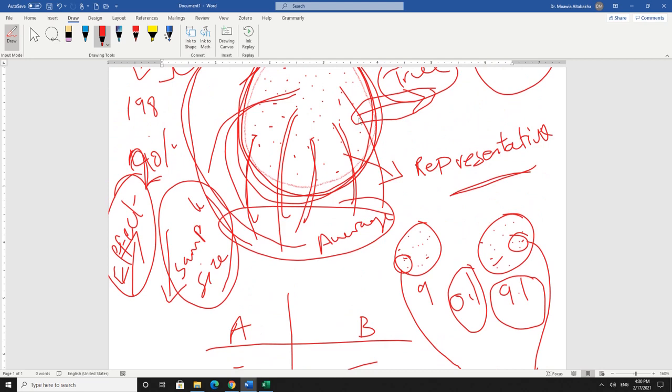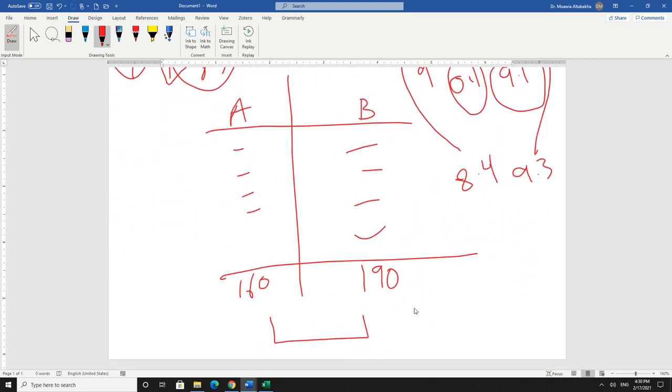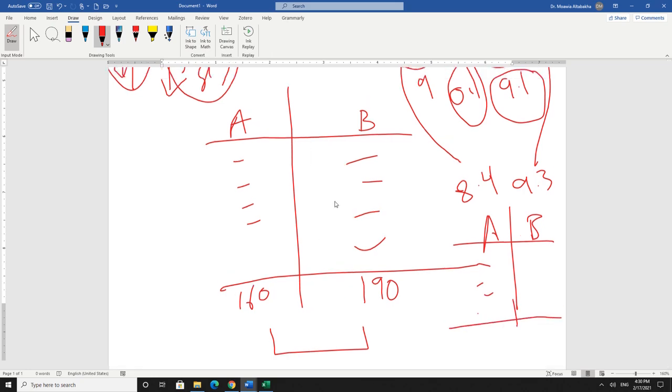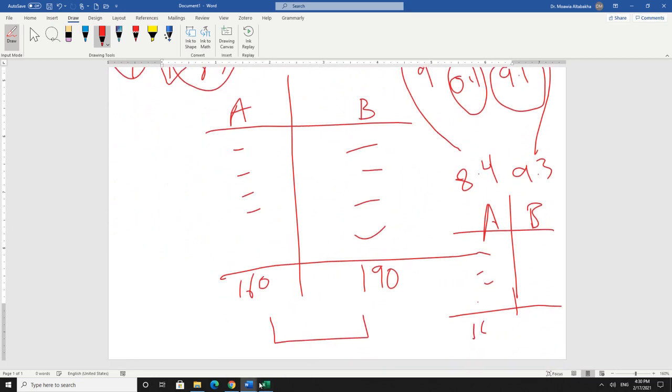If I take another sample now, and I do groups A and B again, and I look at cholesterol level, of course I took another sample from the population, here I might find 165, here 185. This is very possible.